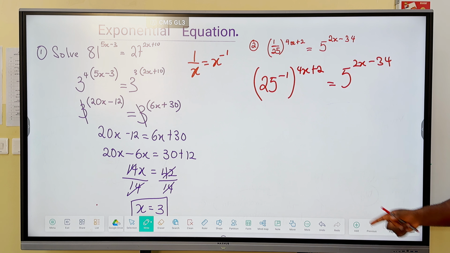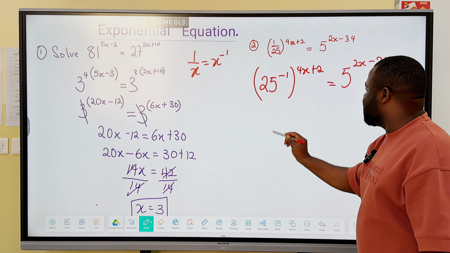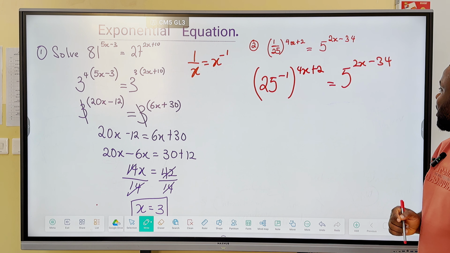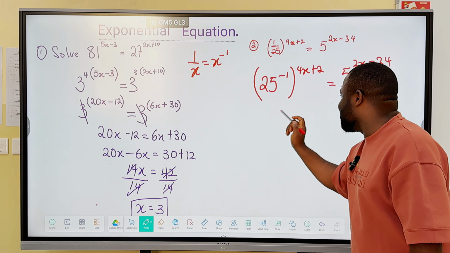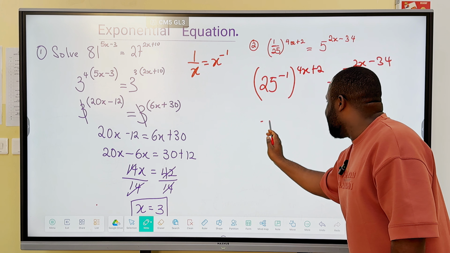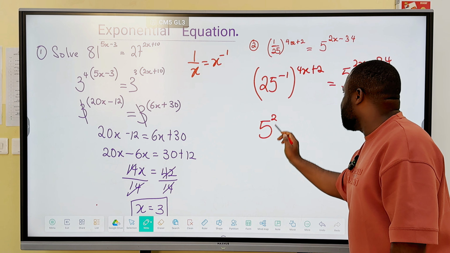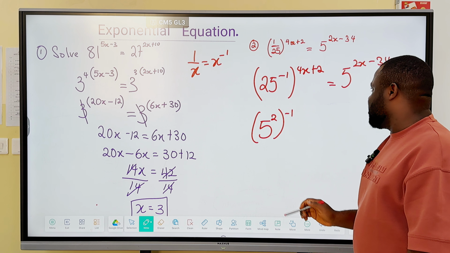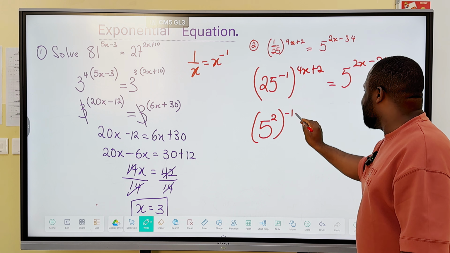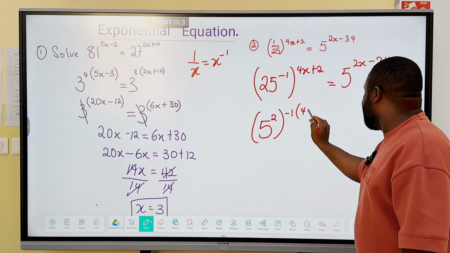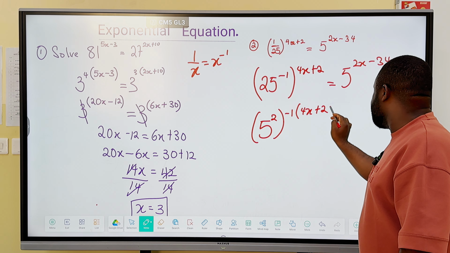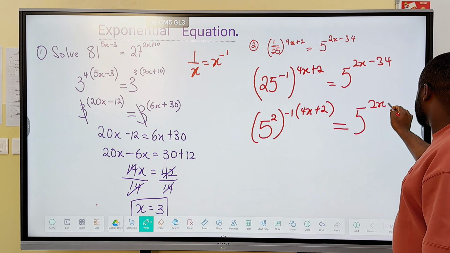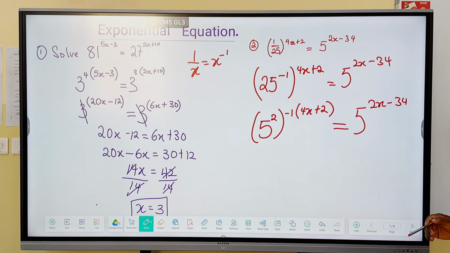We also know that 25 is a perfect square, so you can say this is 5 power 2, then raised to the negative 1 we had before, multiplied by 4x plus 2, equals 5 to the power 2x minus 34.